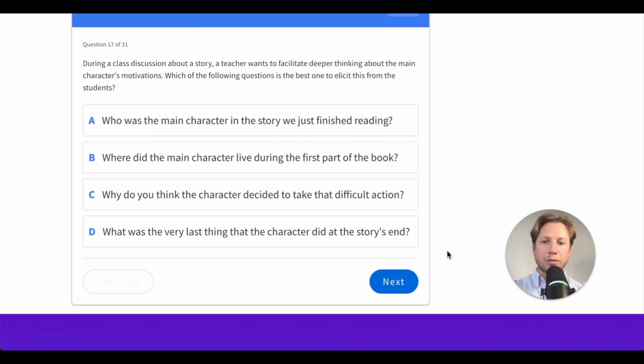All right, question number 17. This one asks, during a class discussion about a story, a teacher wants to facilitate deeper thinking about the main character's motivations. Which of the following questions is the best one to elicit this from the students?